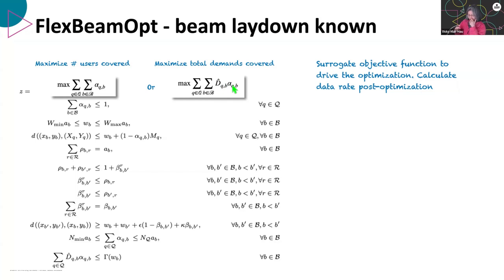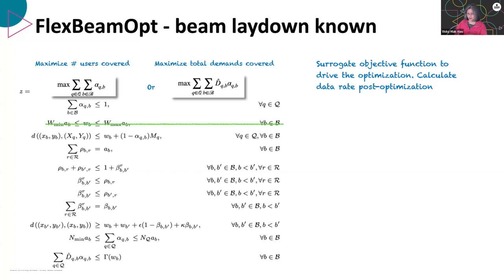So instead of minimizing the amount of unmet demand, we're just going to maximize the demand being covered. Given that the model we're seeing now is actually a nonlinear integer programming model, of course, it's going to be hard to solve. So why don't we make some decisions first?